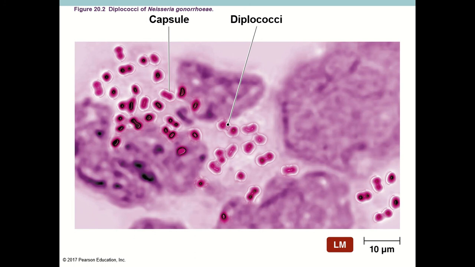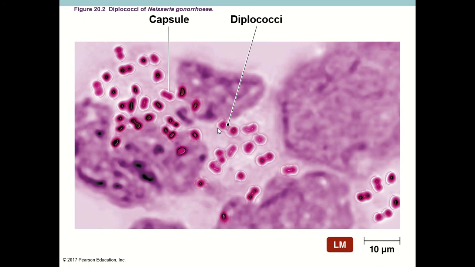So once we become infected with it, if we do become infected with it, and lipooligosaccharide is a molecule that is embedded on the membrane, on the cell wall rather, of the bacterium, right? So it would be found all throughout, all around the cell wall of the bacteria there.